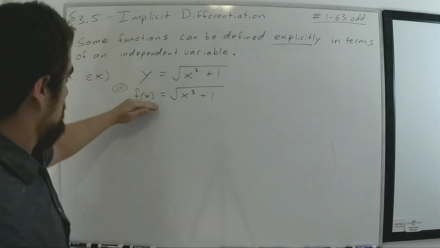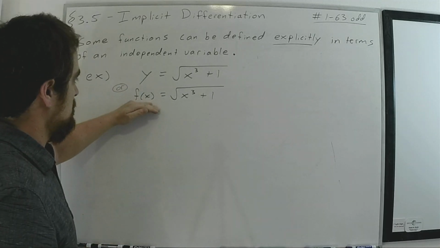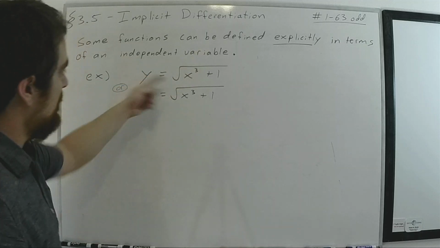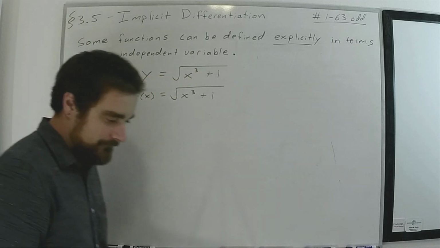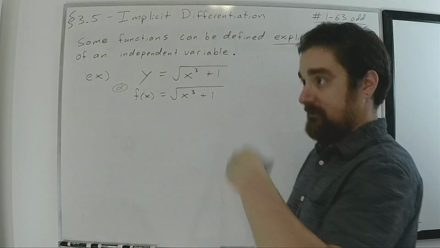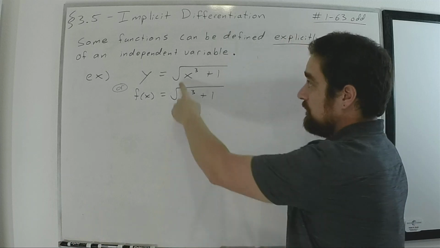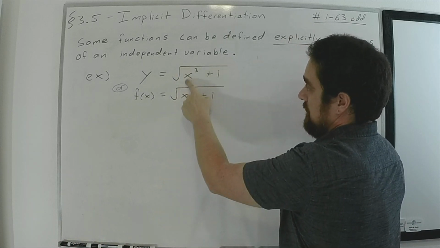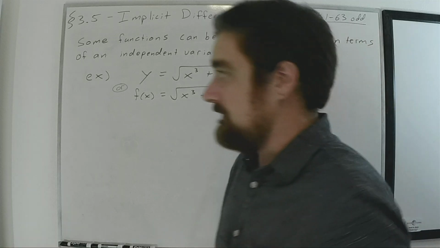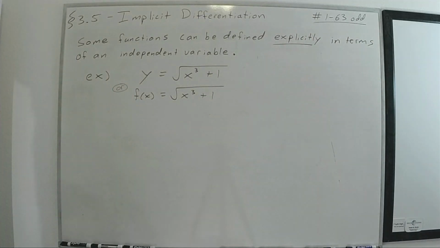One of them is using the legitimate function notation. The other one is, if we're looking at a graph in terms of x and y, we might just shorthand it to y. But y is explicitly given to you. It is explicitly told to you that your function is the square root of x cubed plus 1. So you know exactly what that function is. And you know how to differentiate it now using rules, such as chain rule and power rule and things like that.